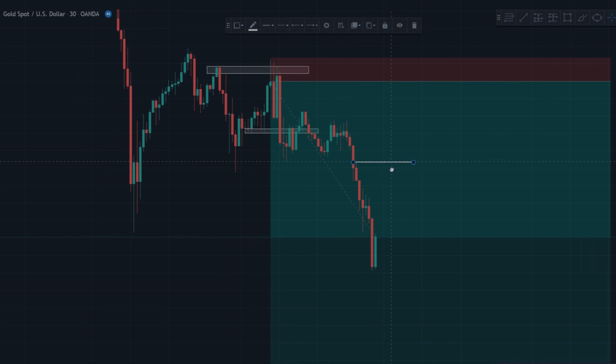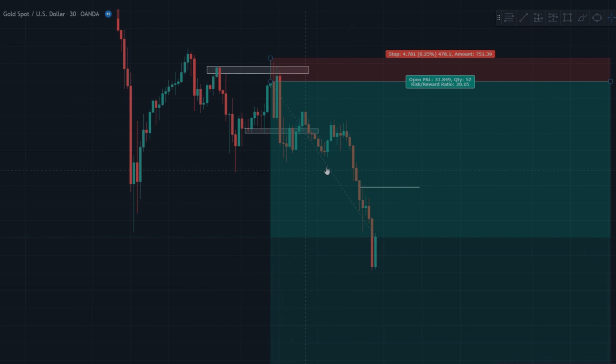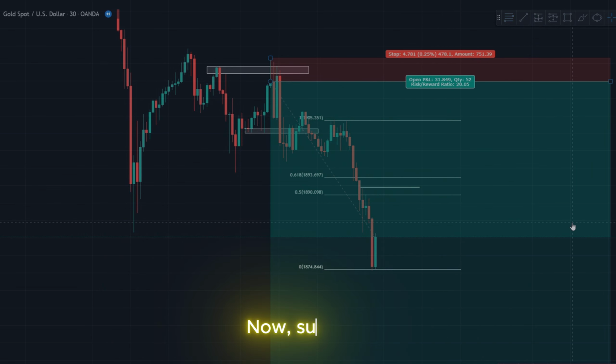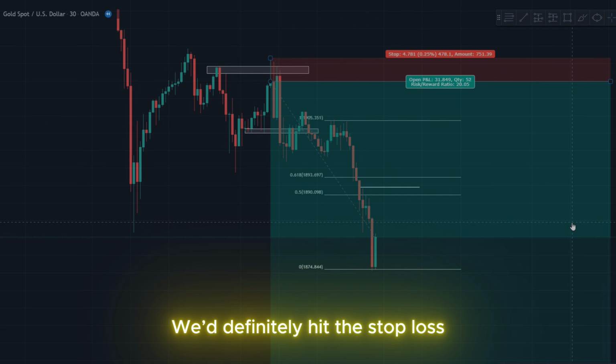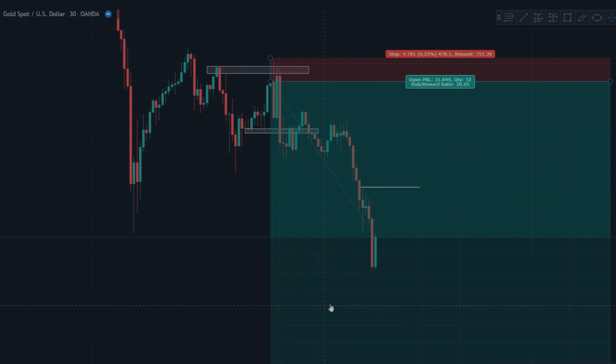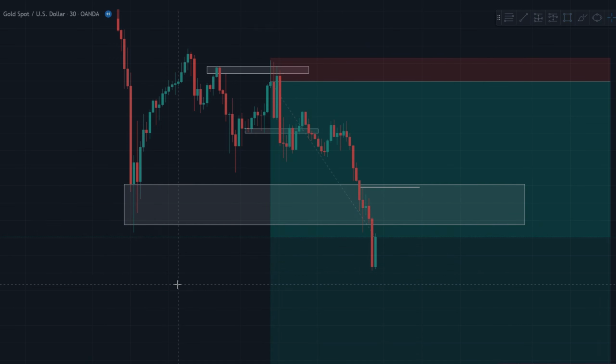Why? Suppose we trail the stop loss down here and measure Fibonacci to here. Now, suppose the price retraces to this zone for a retest back to the Fibonacci. At the 0.5 to 0.618 levels, we definitely hit the stop loss in this case, plus the price has now broken below this low.